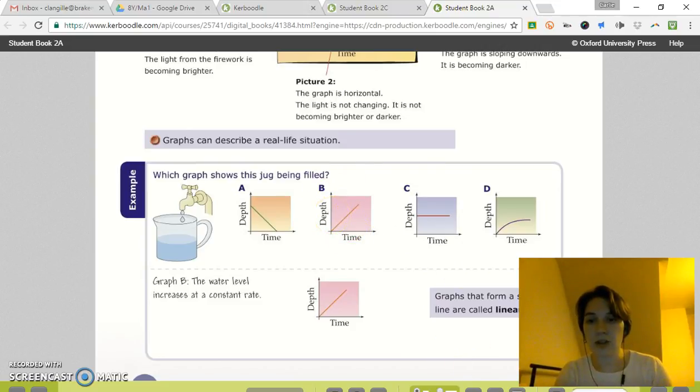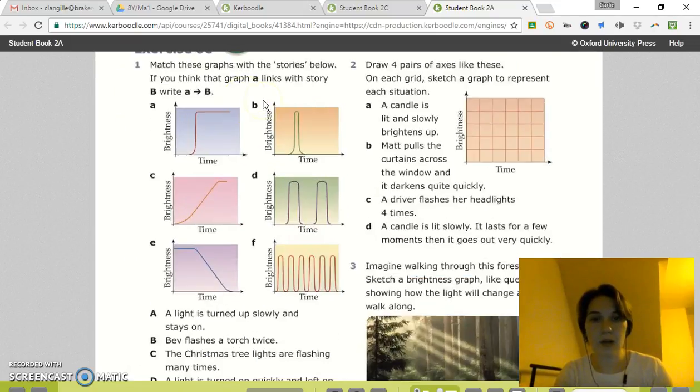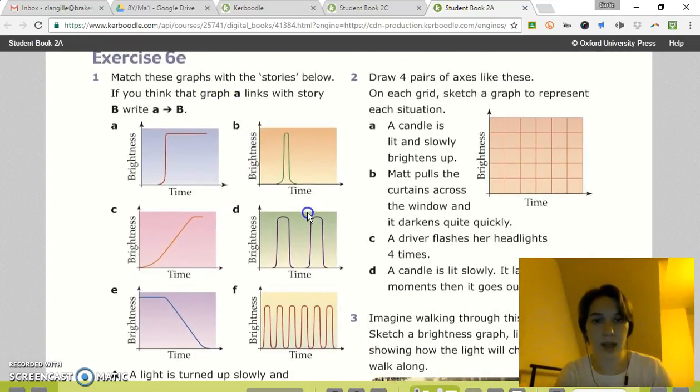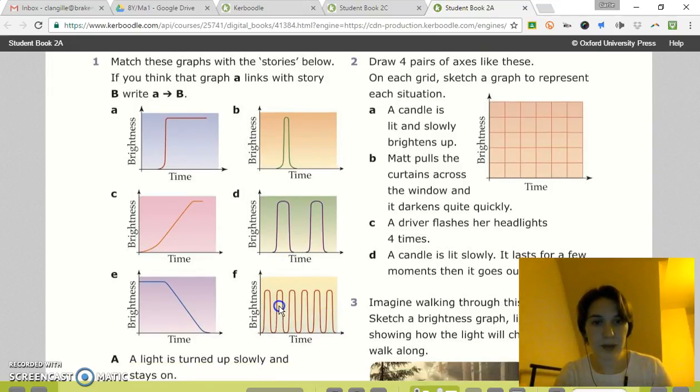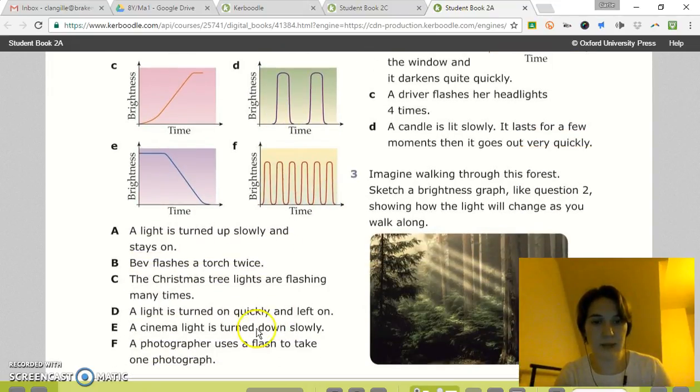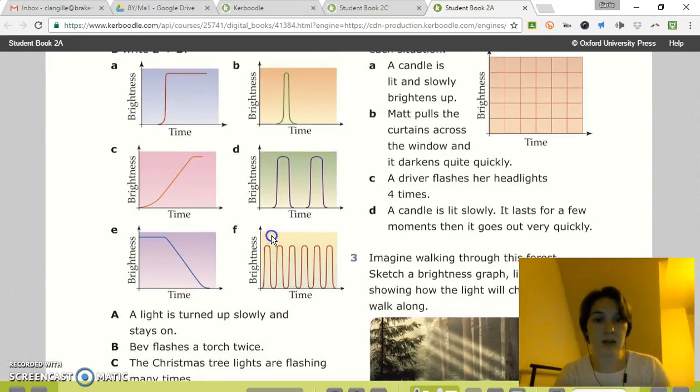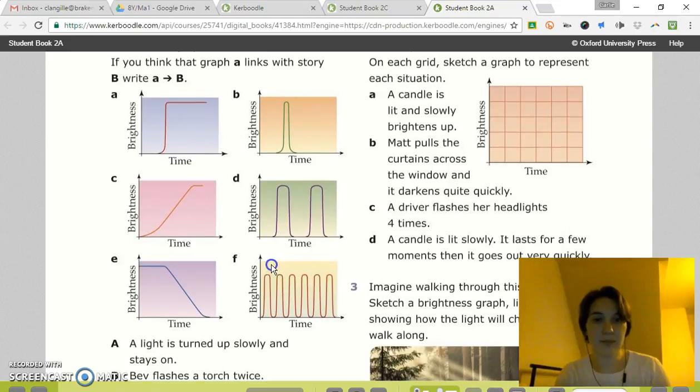So on your sheet, you're going to see question 1, okay? And it's got 6 graphs for you and 6 stories. And so what happens is each one of these scenarios is going to be matching these graphs, okay?